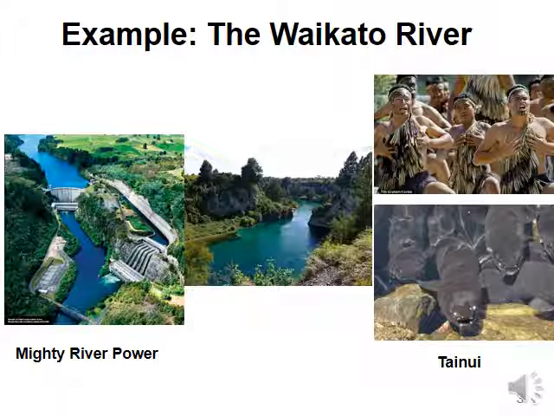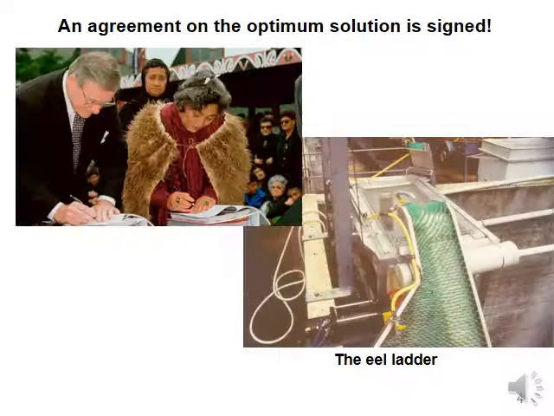However, why does this matter to you? And they said, well, we really care about the fish that you're cutting up. And we said, well, maybe we can help with that. And basically, what we developed was a way for the fish, the eels, to travel around the dam so they could go upstream and downstream.